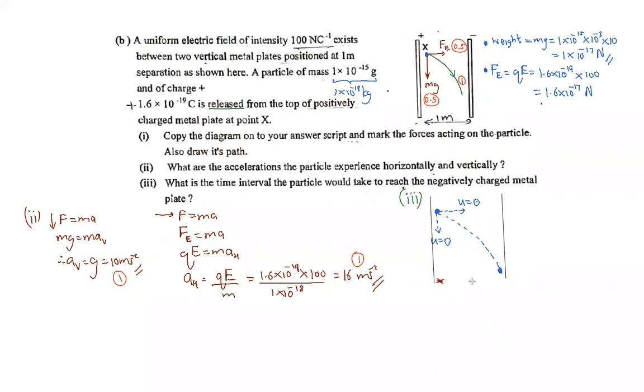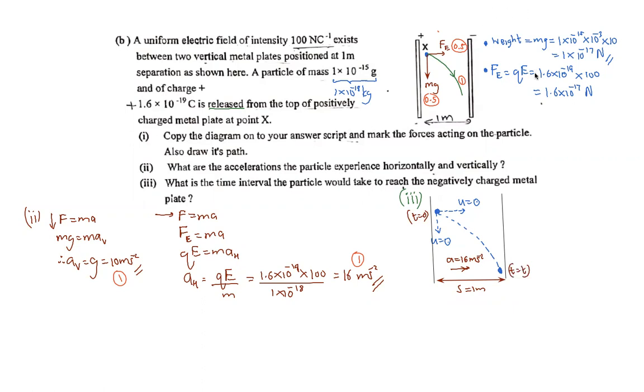How much is that? 1 meter. S is equal to 1 meter. We know the horizontal acceleration, that is 16 m s minus 2, and horizontal initial velocity is 0. So time here we will take as 0, and time here we will take as t.